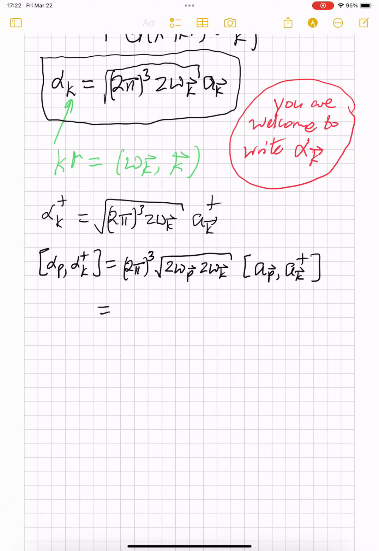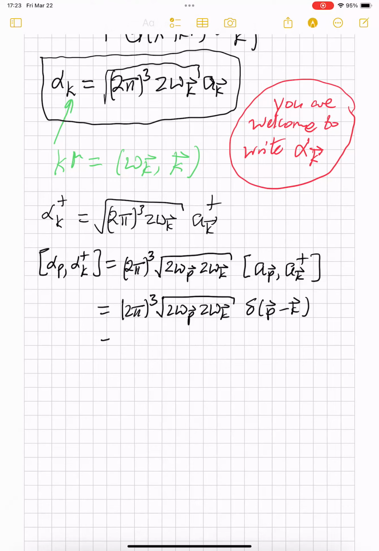Now that commutator, you know, okay, it is just the Dirac delta function, the Dirac delta distribution. So we will have a delta of p minus k. Now remember, the Dirac delta is only non-zero when p is equal to k. So it's perfectly valid to evaluate whatever multiplies the delta function at k equal to p.